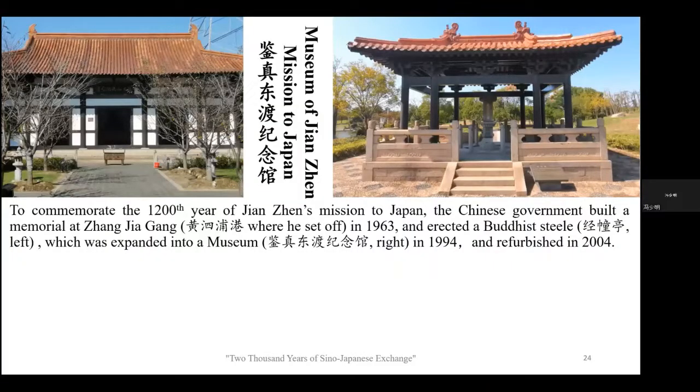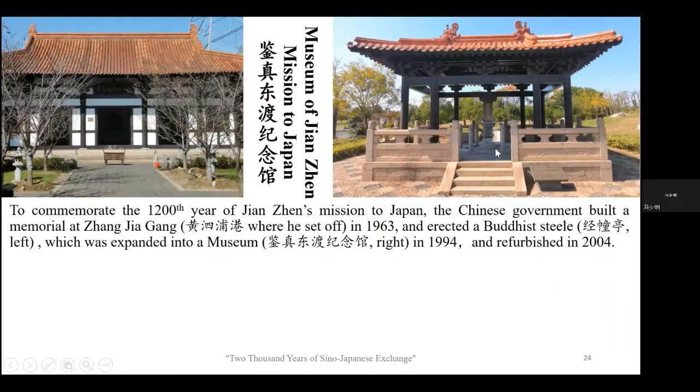So to commemorate the 1,200th year of Jian Zhen's mission to Japan, the Chinese government today built a memorial at Zhangjiagang in 1963 and erected a Buddhist statue over here, which is where my cursor is.